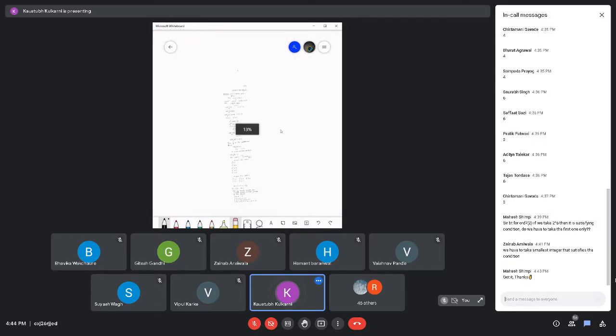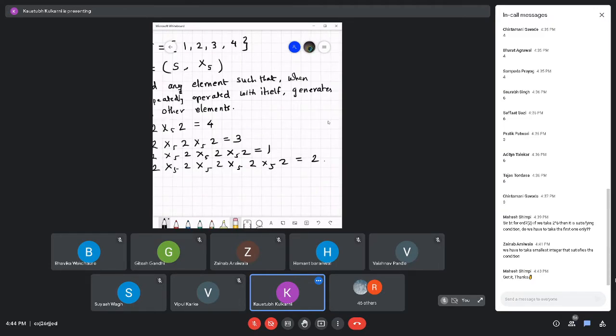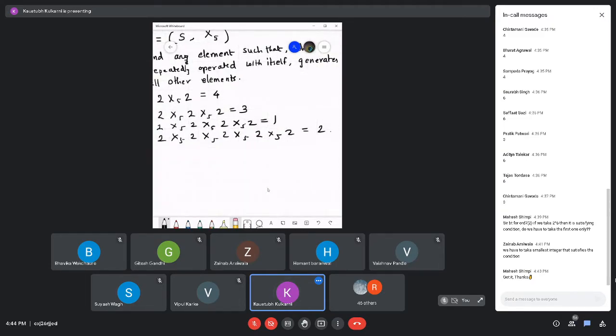Such an element is called the generator of the group, and when this property holds true, that one element of the group can generate all other elements of the group, such a group is called a cyclic group.